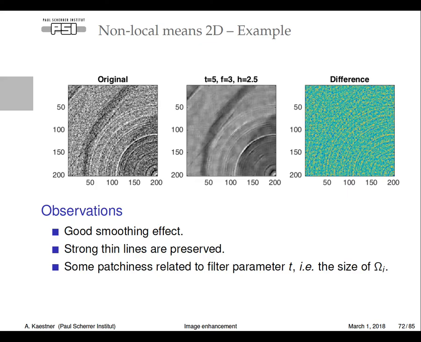In general, it has very good smoothing effects, and strong thin lines, so very sharp edges, are nicely preserved. There could be some patchiness that you could also get, which is maybe an unwanted feature.